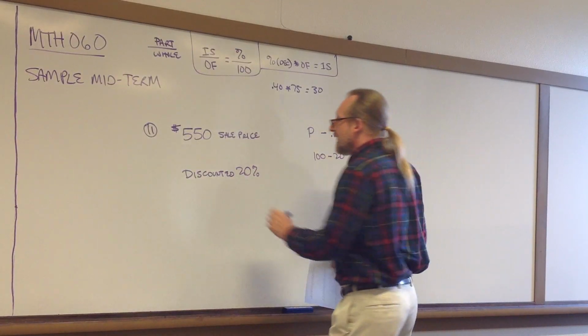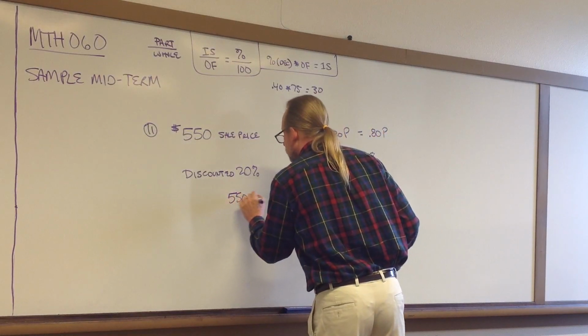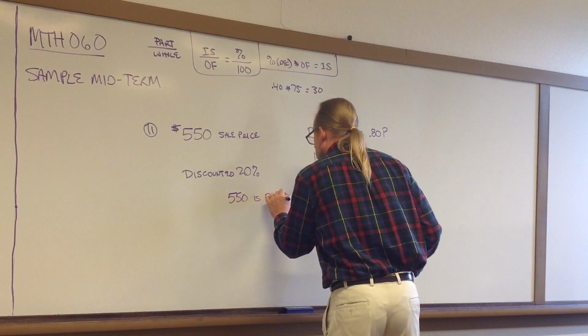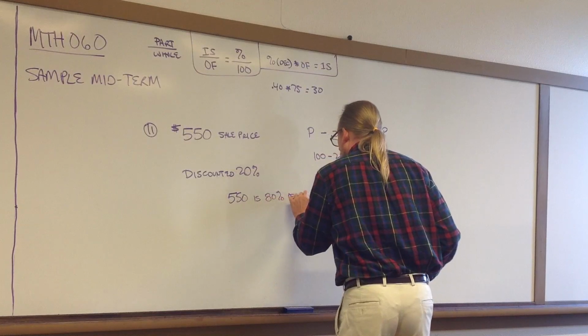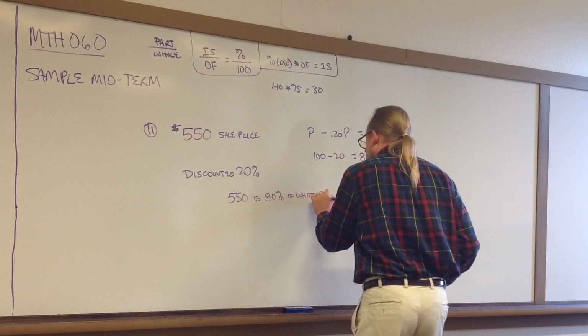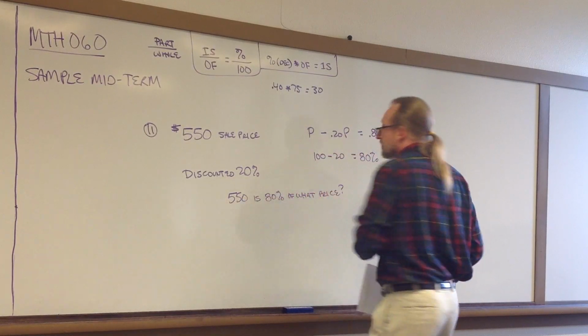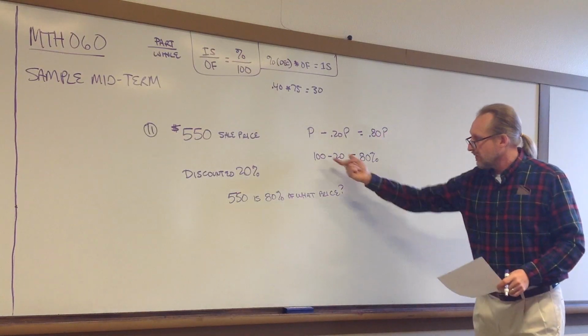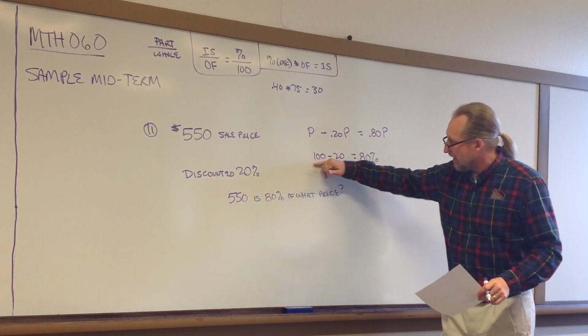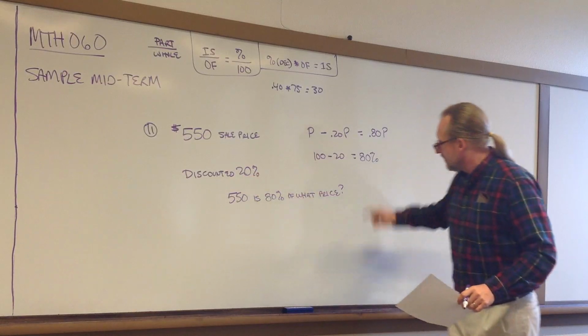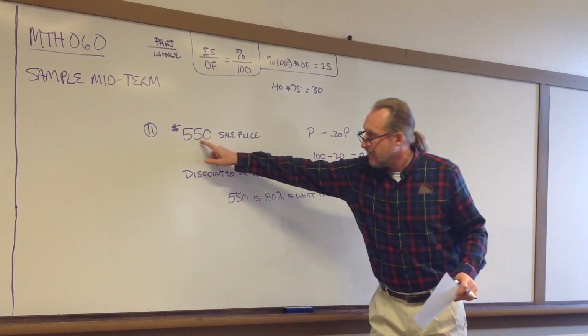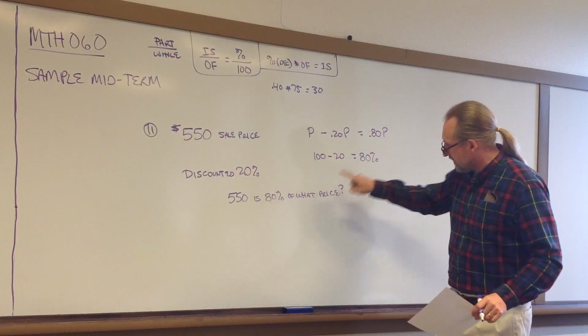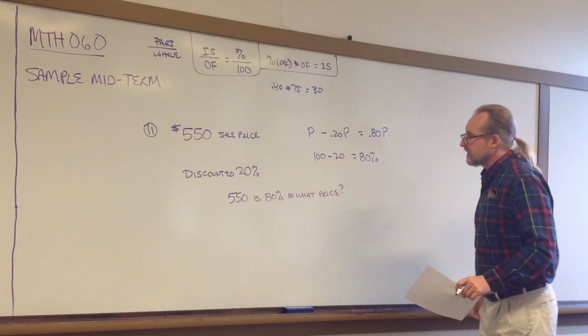So what this is saying is 550 is 80% of what number or what price. Okay? So that's what's going on here, is that you want to take 100 minus the discount, and then this is this percent of what original price.